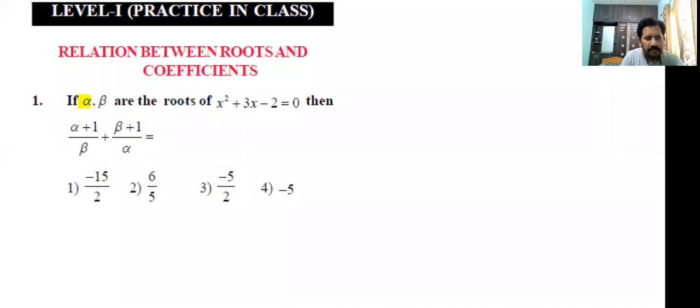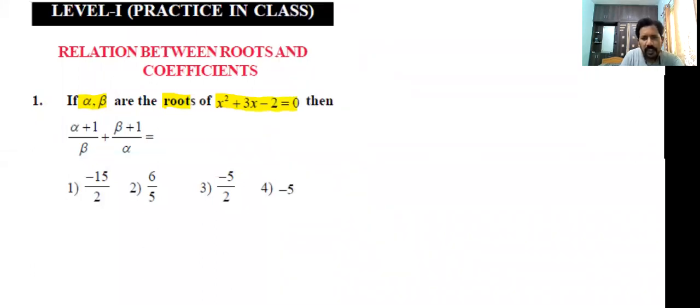If alpha, beta are roots of the equation x square plus 3x minus 2 is equal to 0, then find (alpha plus 1) divided by beta plus (beta plus 1) by alpha. Here we know that alpha, beta are roots of the quadratic equation.